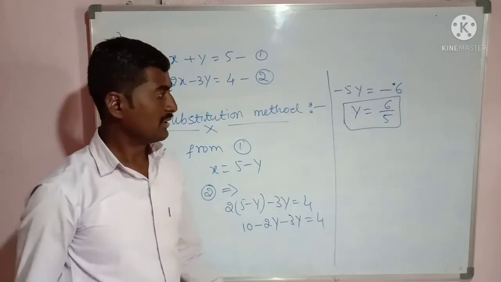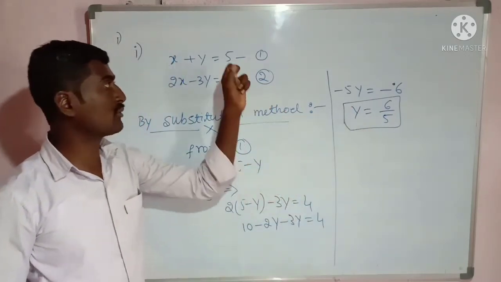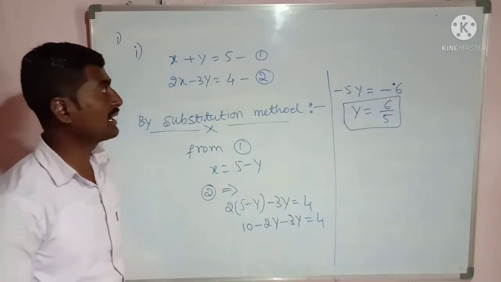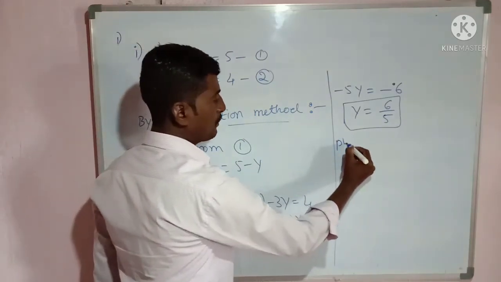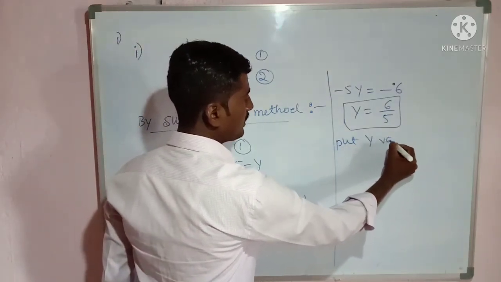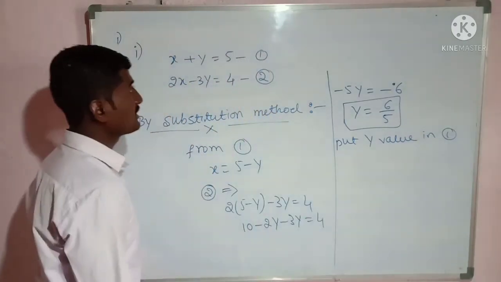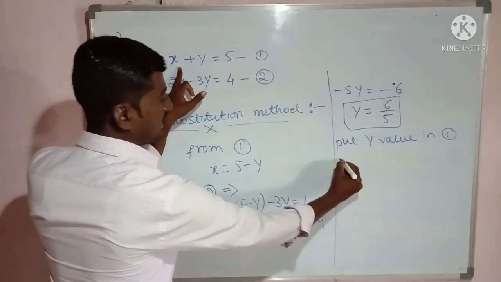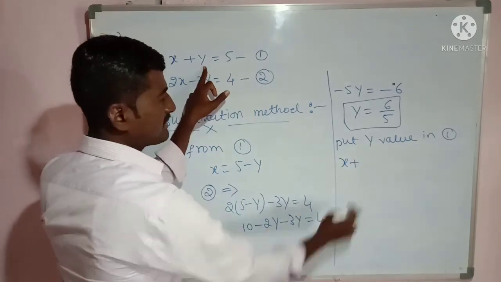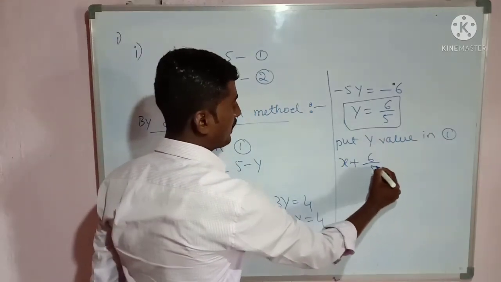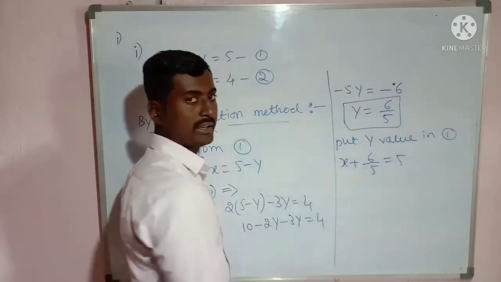Now I have to substitute this y value in equation number 1 or 2 to get the value of x. Put the y value in equation number 1. x plus y is nothing but x plus 6 divided by 5 is equal to 5.